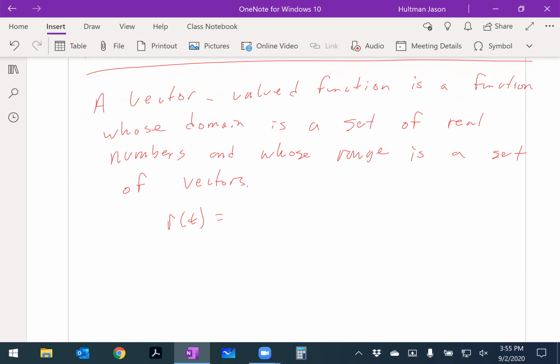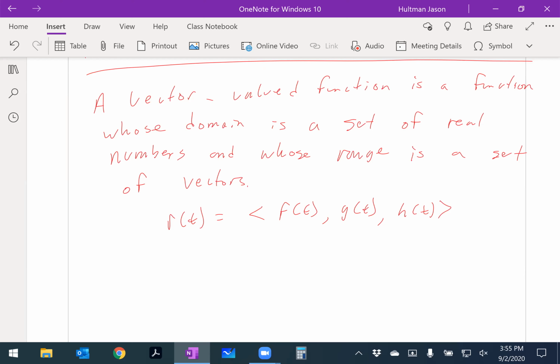r of t is equal to f of t, comma g of t, comma h of t. Okay, this is a vector valued function. This is a function whose domain is a set of real numbers and whose range is a set of vectors.